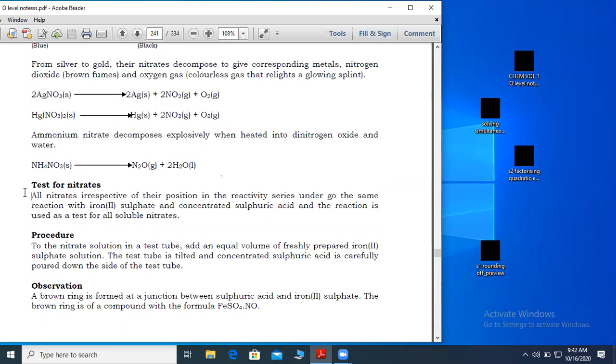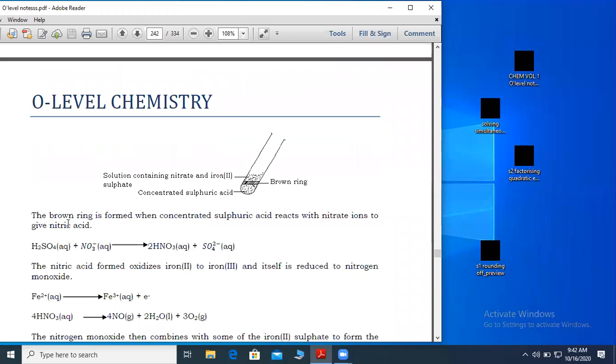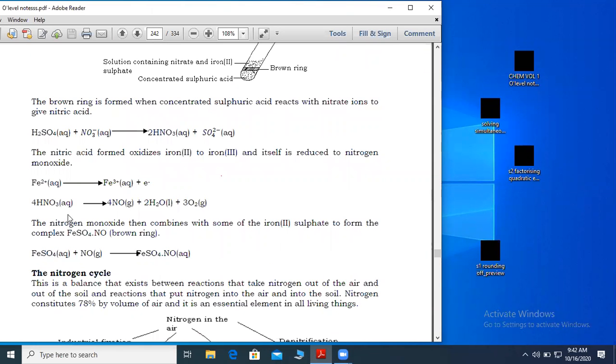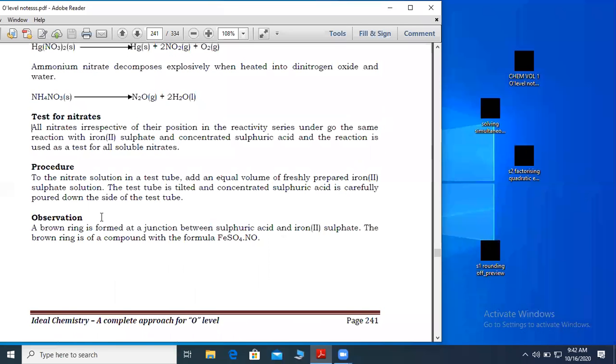You just know that when there is a nitrate and you heat it, you will form nitrogen dioxide gas, which is a brown fume. So whenever we tell you to heat a substance and you see a brown fume, you know that brown fume is nitrogen dioxide and a nitrate is present, full stop.